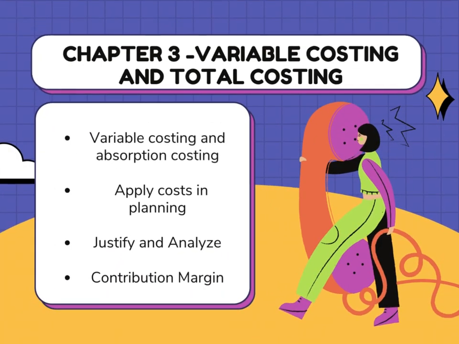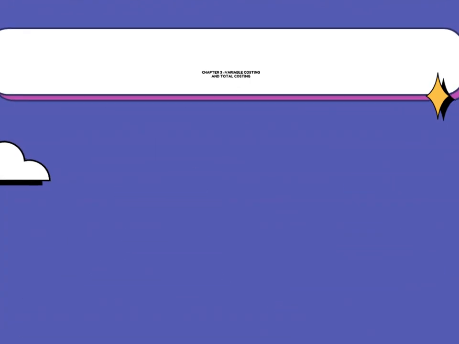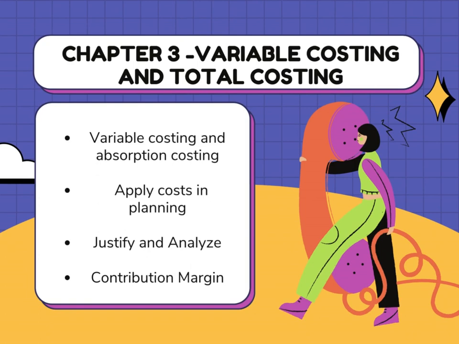Absorption costing, on the other hand, is generally used for external financial reporting as it complies with accounting regulations and presents a more conservative view of income by matching manufacturing cost to revenue. The choice between these costing methods depends on the specific needs of an organization and its reporting requirements.